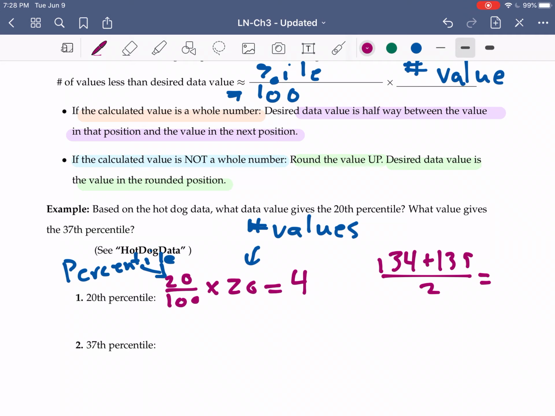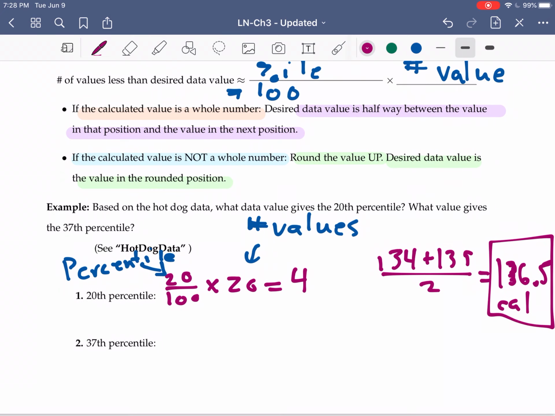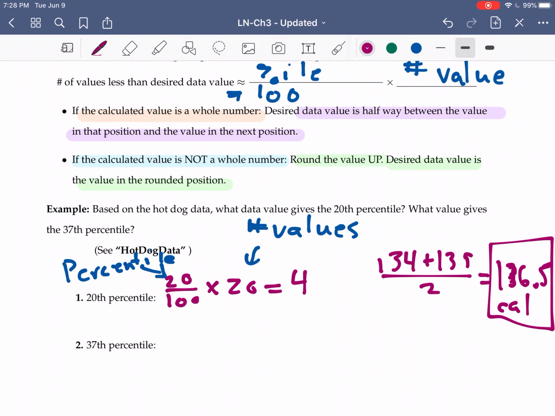And when we do that, we're going to get 136.5 calories. So 136.5 calories would give us the 20th percentile.